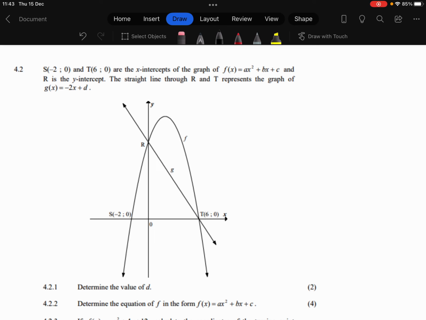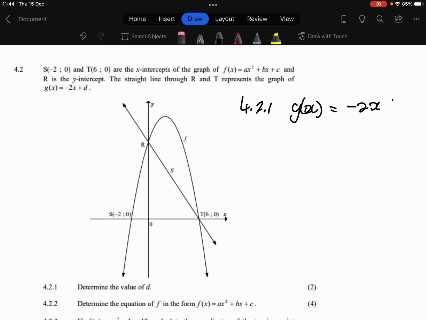In this case, d is the y-intercept of the graph. Looking at it, we can substitute the values that we know already. Let's rewrite this as 4.2.1, and we know the equation of this graph is g of x is equal to negative 2x plus d, with d being the only missing value.